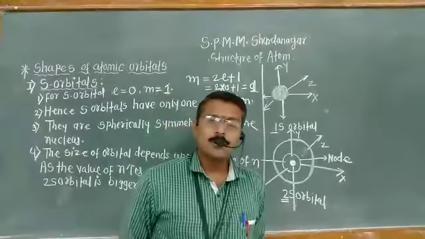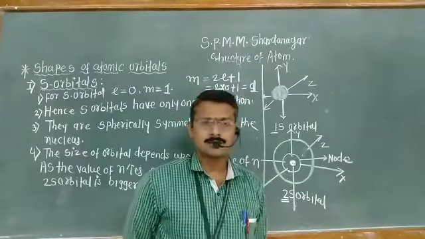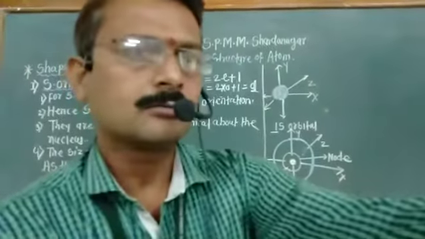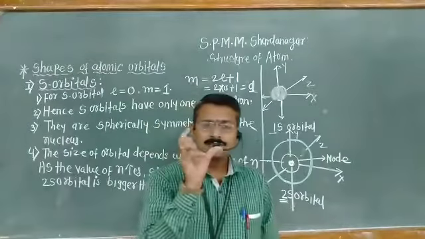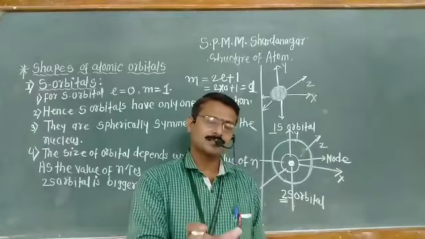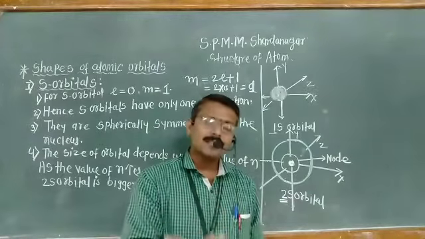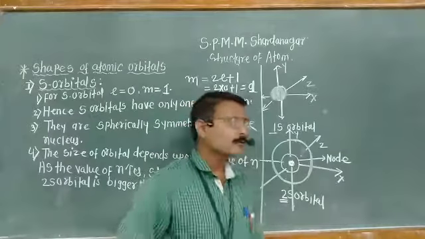Tell me, which is greater, 1 or 2? Obviously 2 is greater. So the size of the 2s orbital is bigger than the size of the 1s orbital.